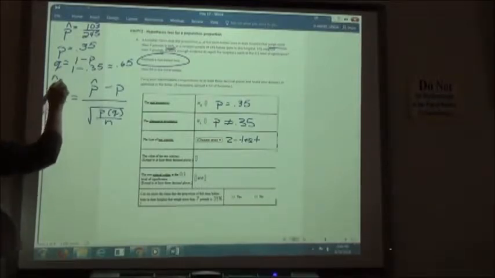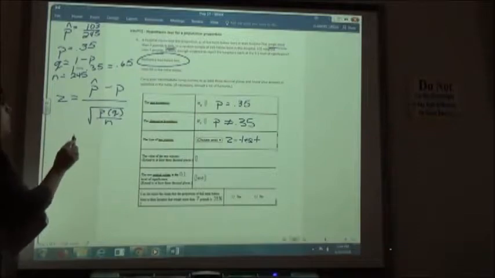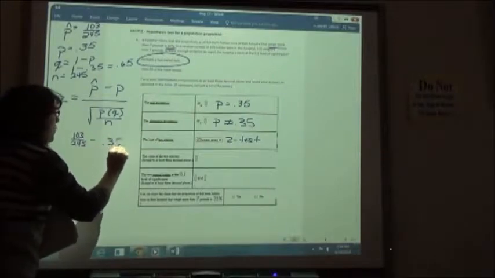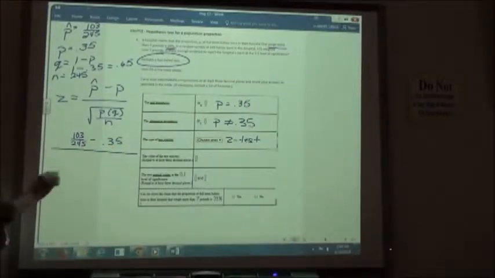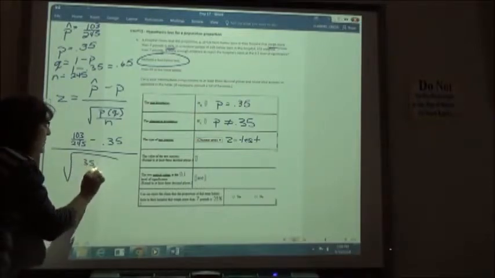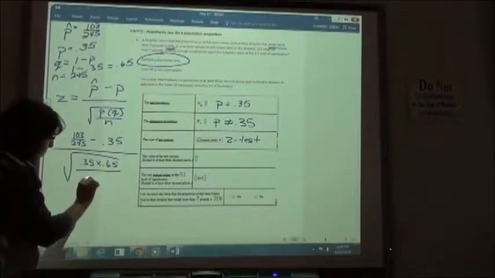We had a sample of 245 babies, right? All right, so for our formula, we want 103 over 245 minus our 0.35, all divided by the square root of 0.35 times 0.65 over N, 245.